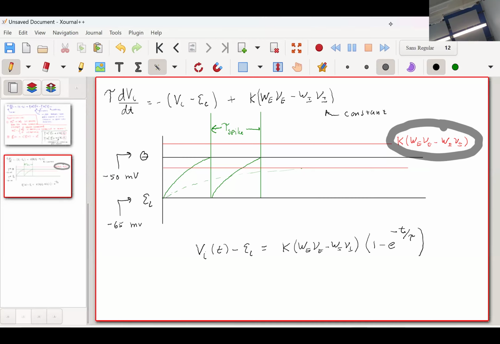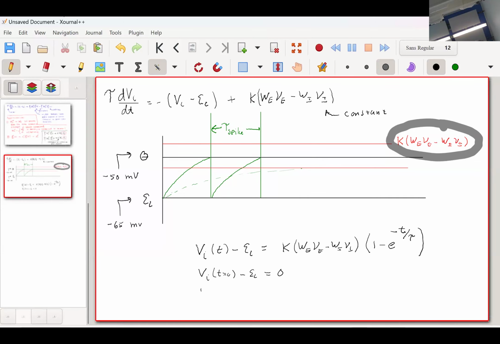That's assuming at t equals 0. Okay, so this guarantees when t equals 0, VI at t equals 0 minus E leak equals 0, because e to the minus 0 is 1.